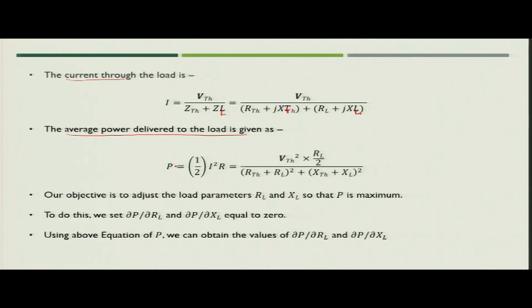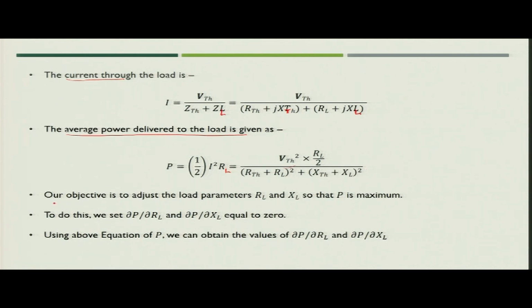So here P is 1 by 2 I square R, where R means RL, the load resistance. Then we write I in terms of VTH, ZTH and ZL, so we can write power P in terms of VTH, RL and RTH, as shown in the slide.